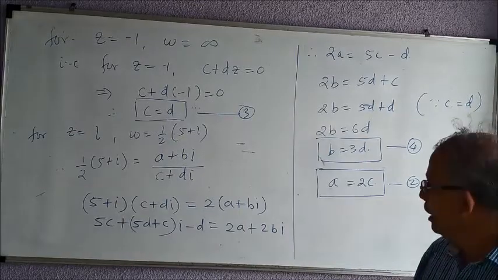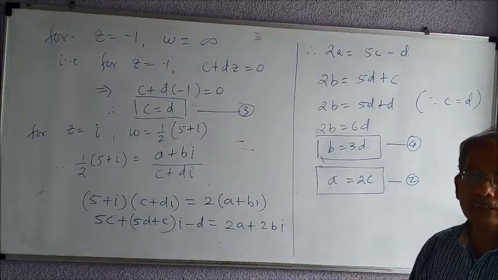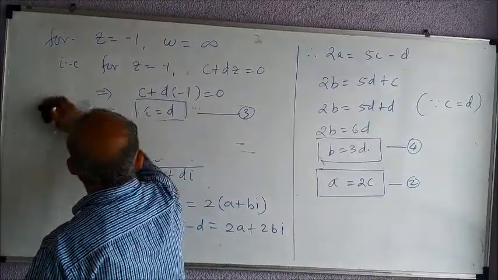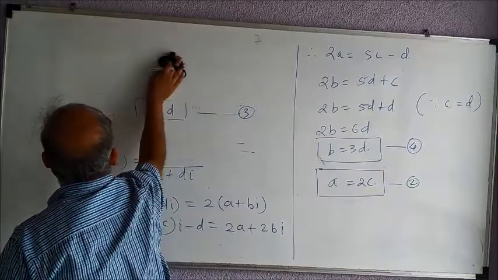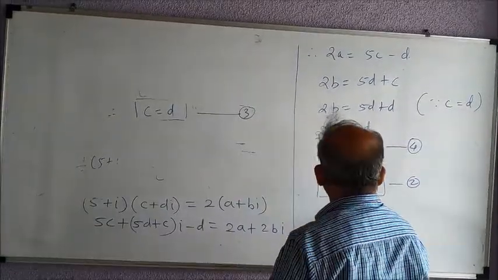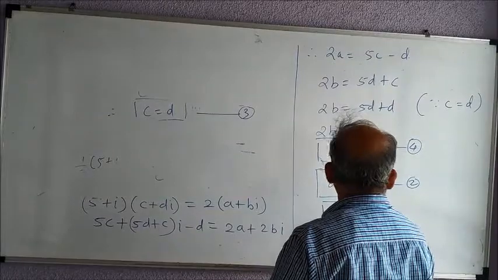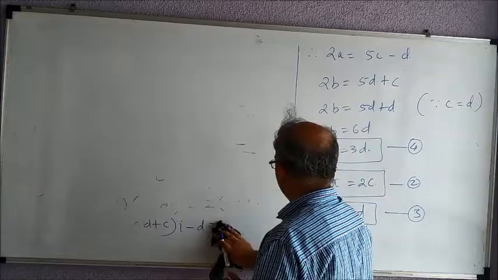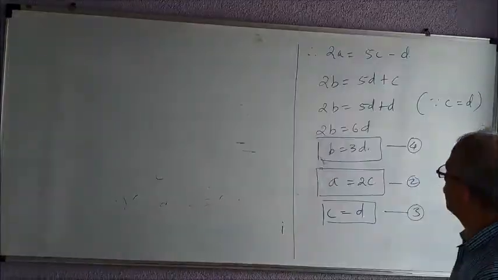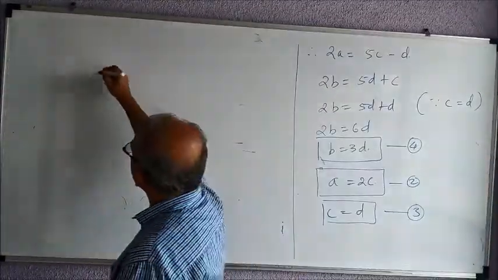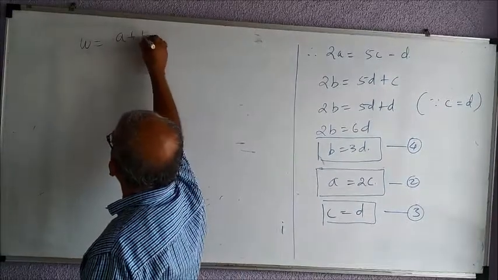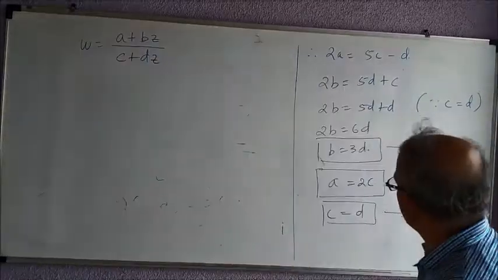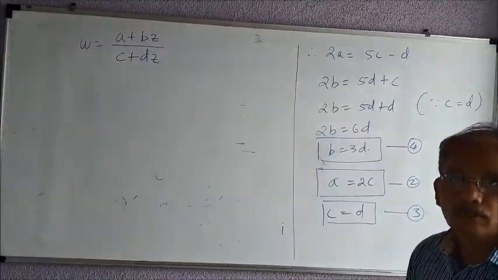Now what we will do is try to find out all of A, B, C, D. So there is a trick for it. The trick is like this. We want to determine W as (A plus BZ) upon (C plus DZ). So let us bring all these constants into one constant.